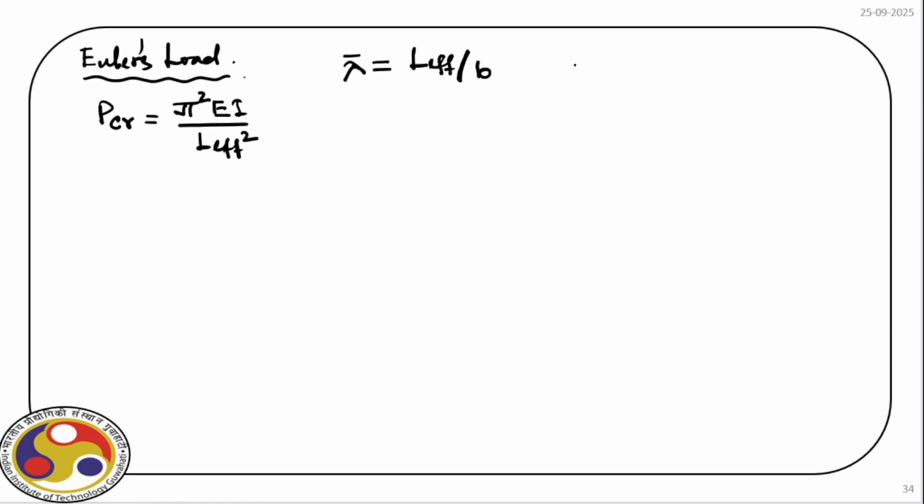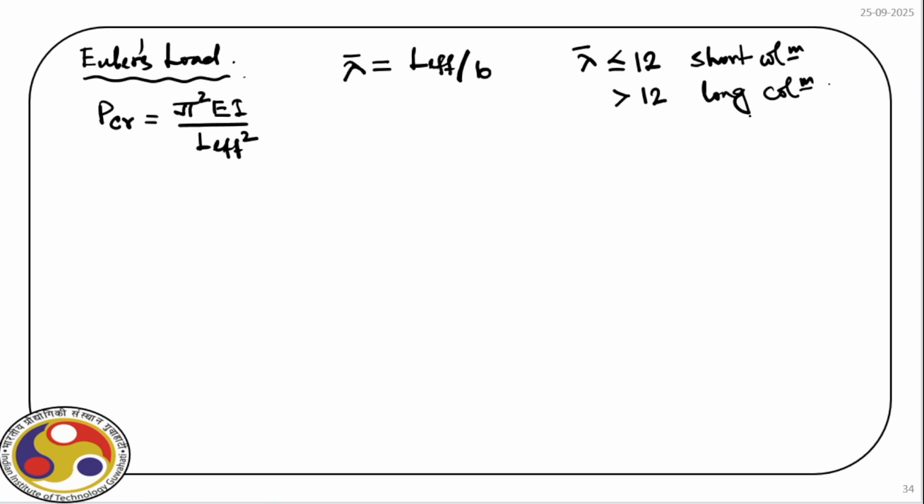Recall, we defined a limit lambda prime less than equal to 12 for short column, right? And if it is greater than 12, we call it long column.